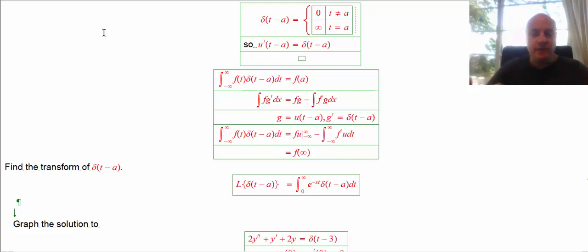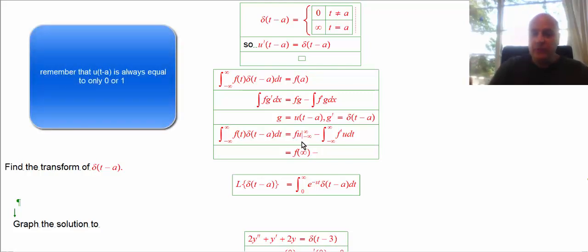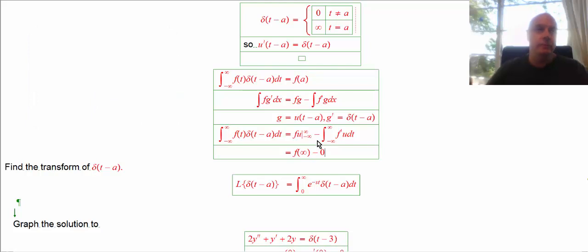And u at infinity is just 1 because we're past a, so the Heaviside step function past the switch point is just equal to 1. Minus, when I sub in negative infinity, we've got f at negative infinity, but it's multiplied by 0 because the Heaviside step function is turned off at negative infinity. So that's this part.